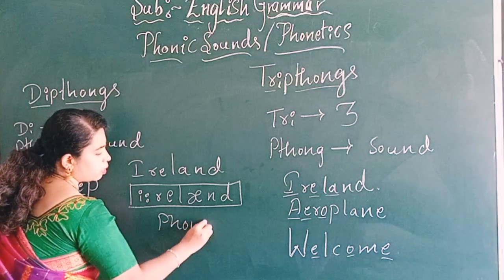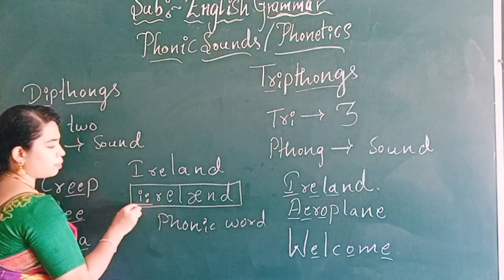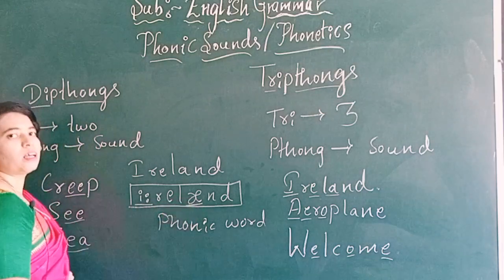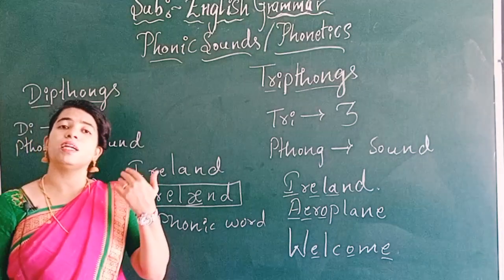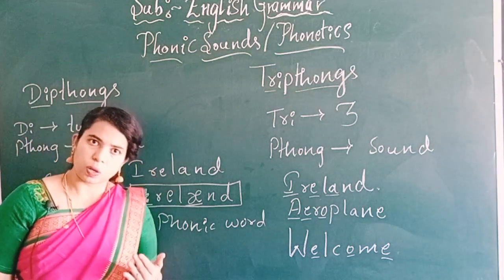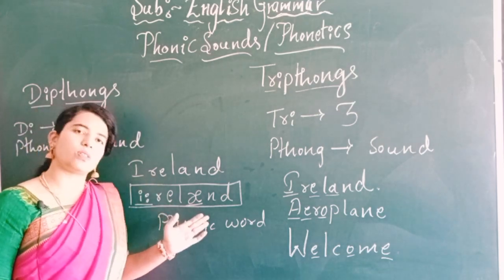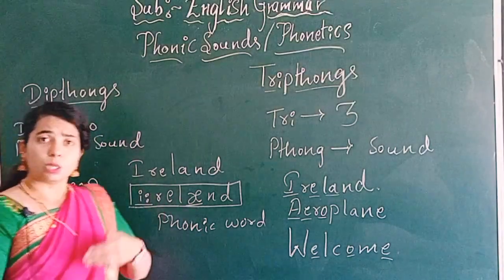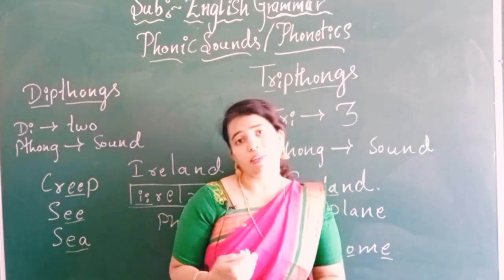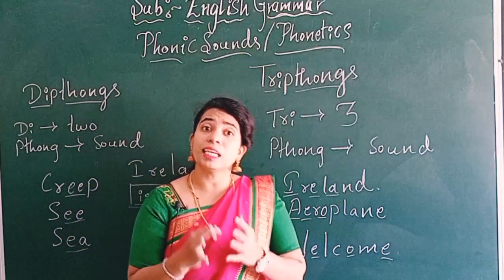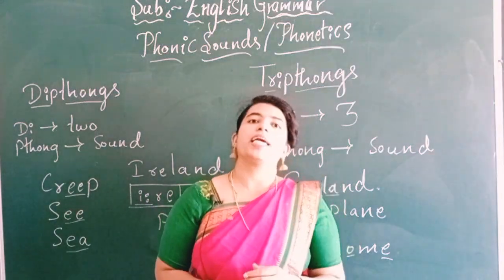We don't have names for these symbols, so we use them directly in our pronunciation. Those are called phonic words or phonic sounds. Like this, you can change a number of English words into phonic words. I will show you the example here.